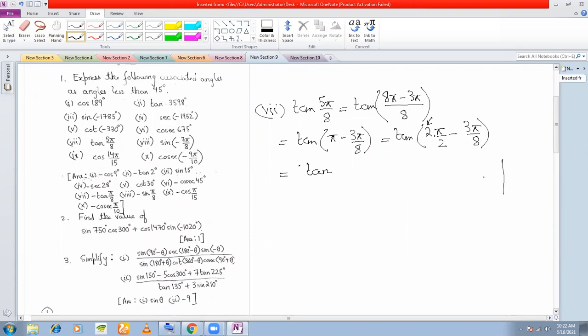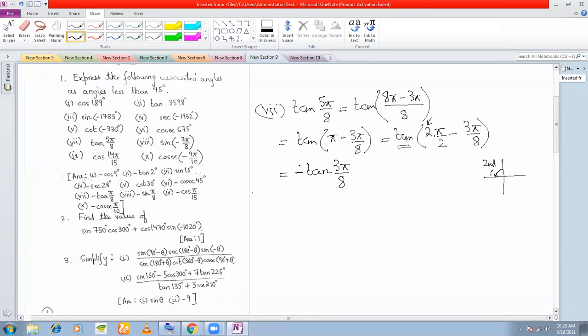Next, 2 into pi by 2 is in the second quadrant and minus something, so we remain in the second quadrant, right? Because tan is negative in the second quadrant, we give a negative sign. Minus tan 3 pi by 8. That's what your answer should be.